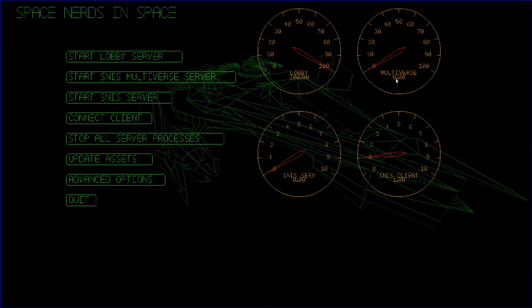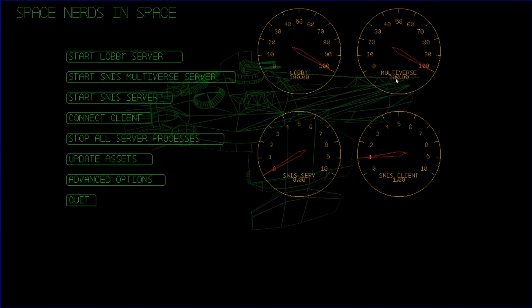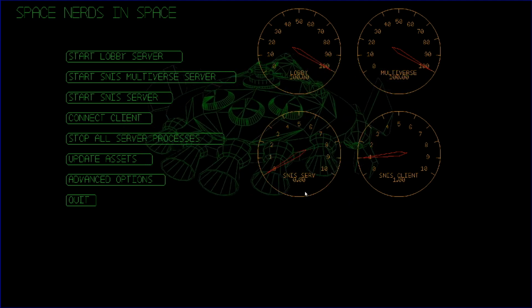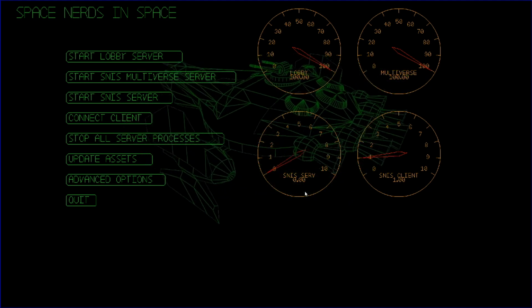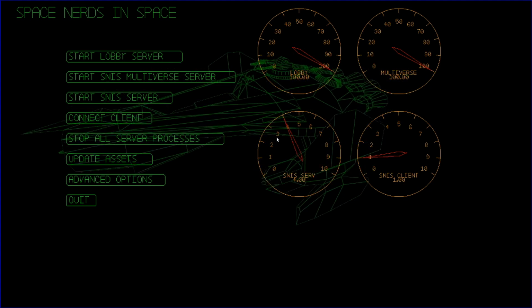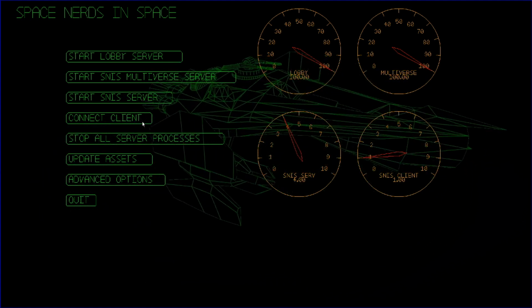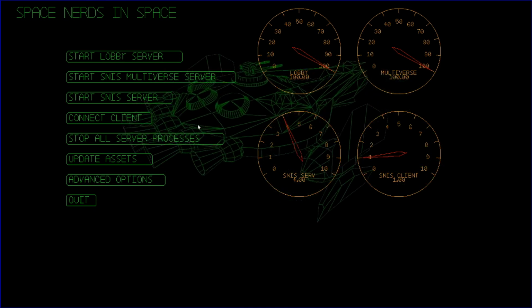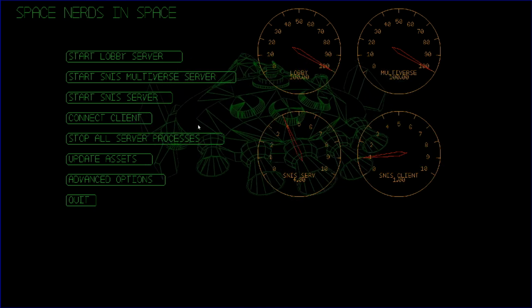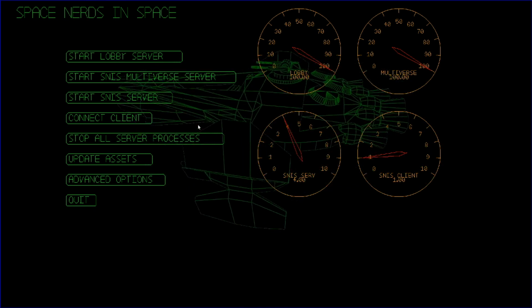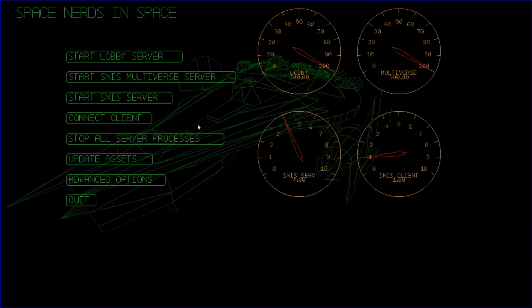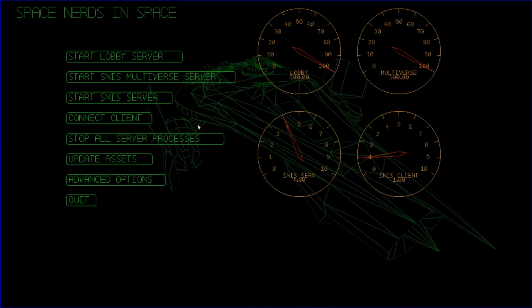Start the multiverse server, this gauge goes to 100. And then I think this one started up 4 different SNIS server instances. The multiverse server has this auto wrangling flag, and auto wrangling just means it starts and stops SNIS server instances on its own.